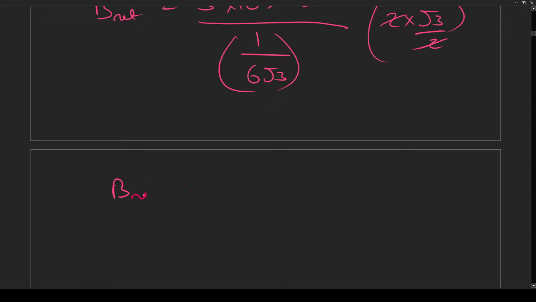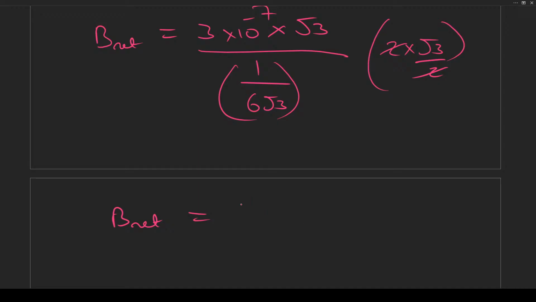B net equals 3 times 6 root 3 times root 3 times root 3 again times 10 power minus 7.